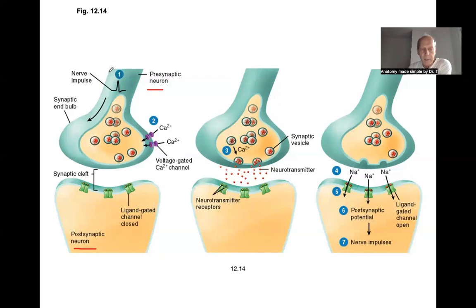So when a nerve signal reaches the end of the axon at its synaptic end, regardless of whether it's continuous or saltatory conduction, basically it doesn't have anywhere else to go. But the electrical current which was brought to the synaptic end bulb would be used to open up voltage-gated calcium channels.